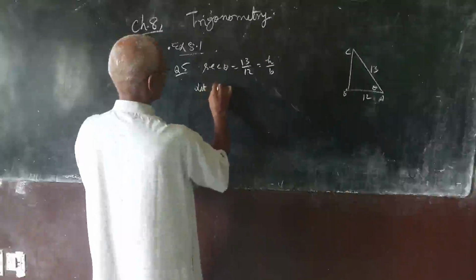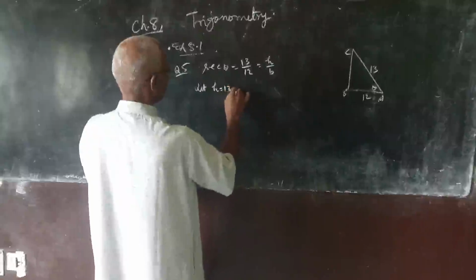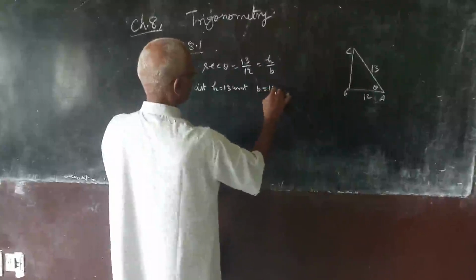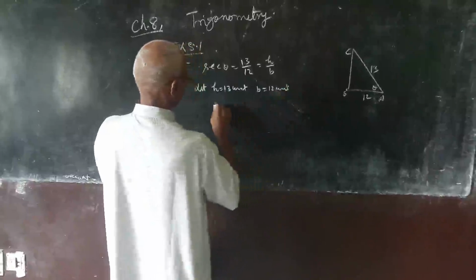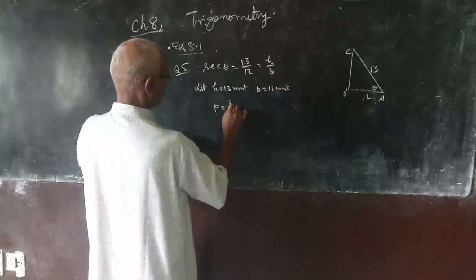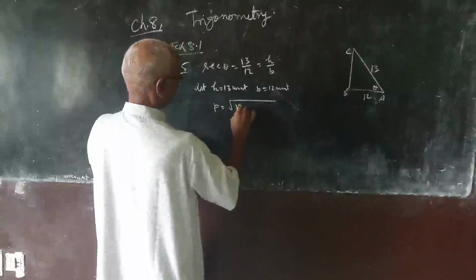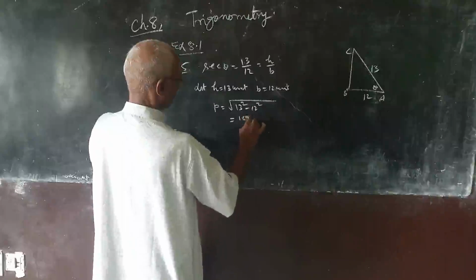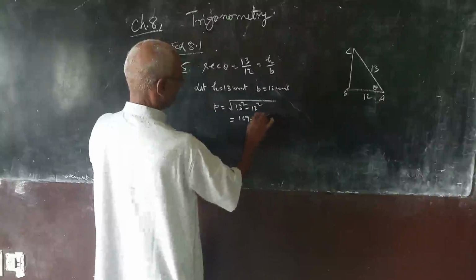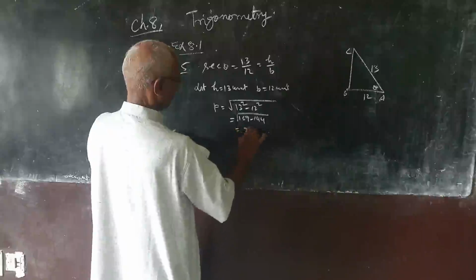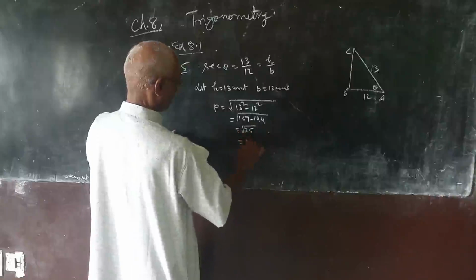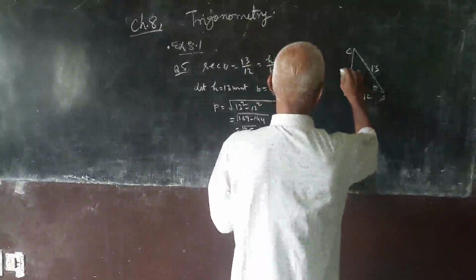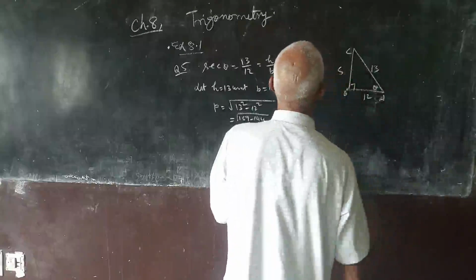So let hypotenuse be 13 units, base be 12 units, therefore perpendicular, by Pythagoras, 13 square minus 12 square, 169 minus 144, 25, its root comes 5. So figure is not on scale, it is 5 units.